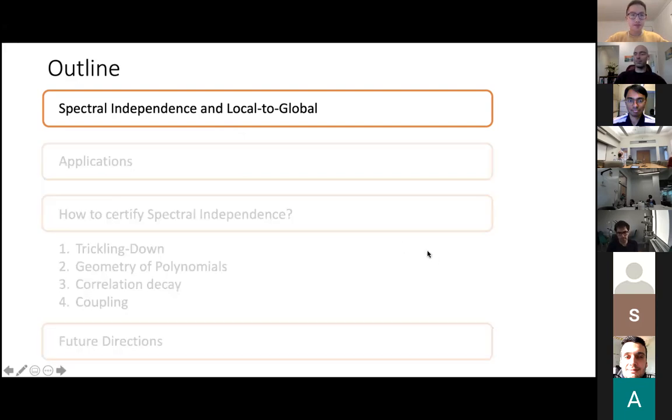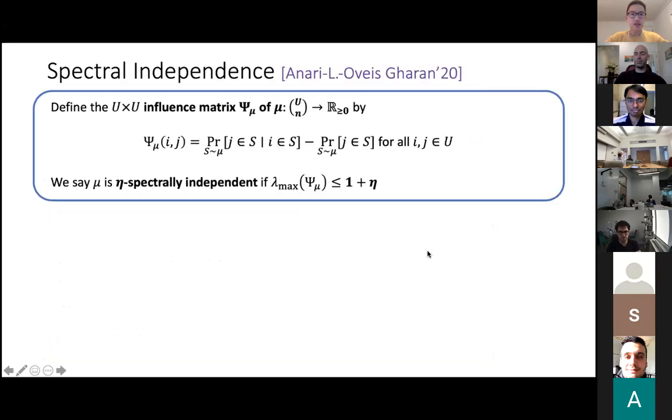Okay. So let's get into spectral independence. Here I'm going to define a matrix, which I'm going to think of as a matrix of correlations. The rows and columns are going to be indexed by the elements of the ground set U, and the ijth entry is going to be given by this difference of conditional marginals. You can think of this as a correlation matrix.